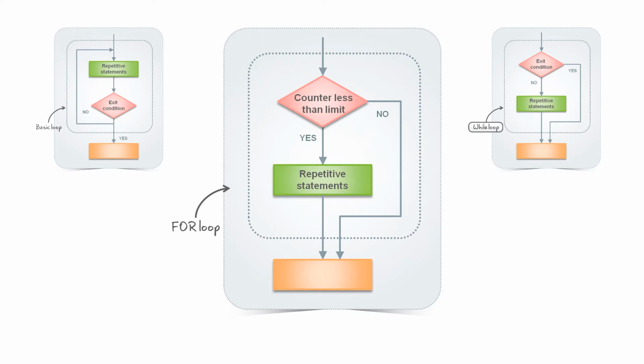Note that every loop statement must have an exit condition. Otherwise, the program enters into an infinite loop condition which never ends. To learn detailed syntax of each of these types, click the link given in the YouTube video description.